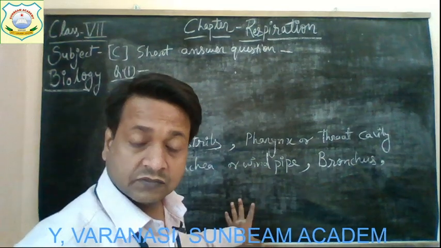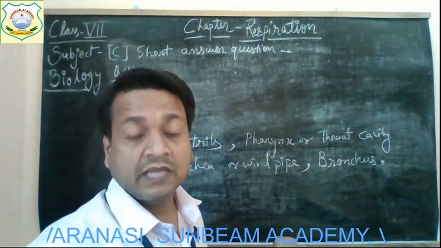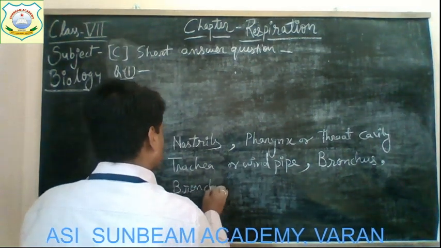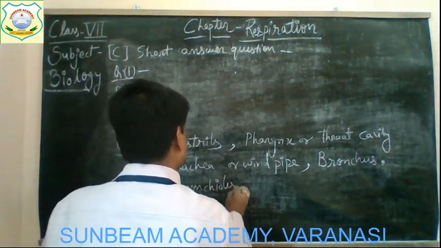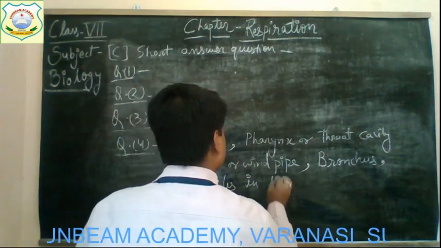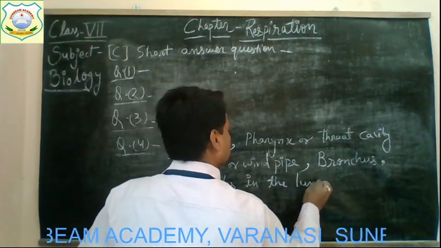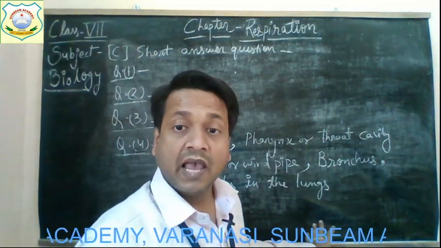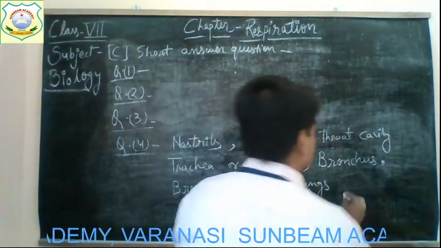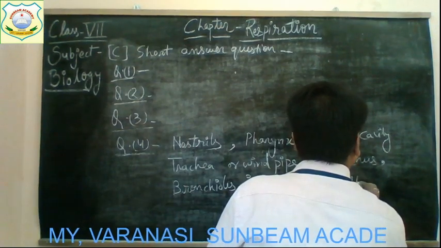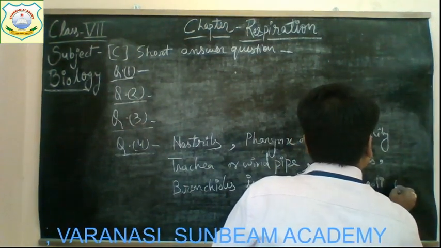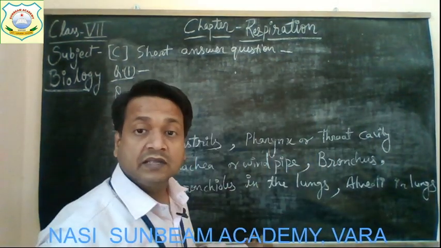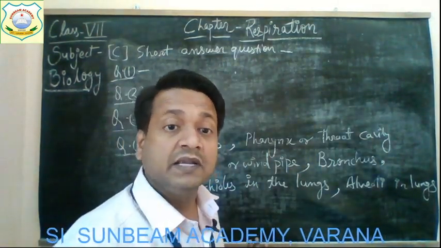Okay. Next one is bronchioles in the lungs. And the next one, alveoli also in the lungs. And the last one is the diaphragm.